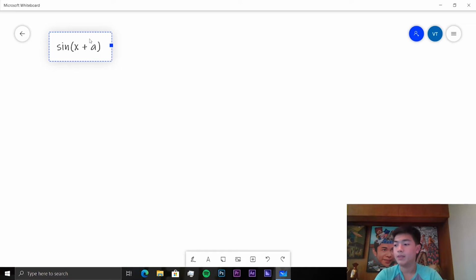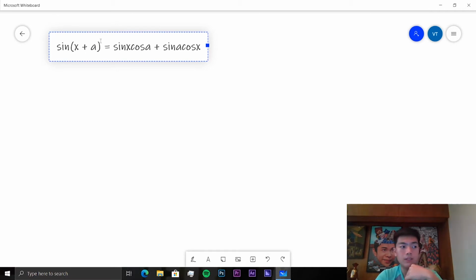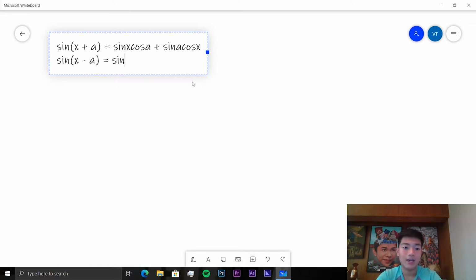The first one is for the compound angle identity sine x plus a. This can be expressed as sine x cos a plus sine a cos x. So we can convert between these two. Similarly, sine x minus a is equal to sine x cos a minus sine a cos x.